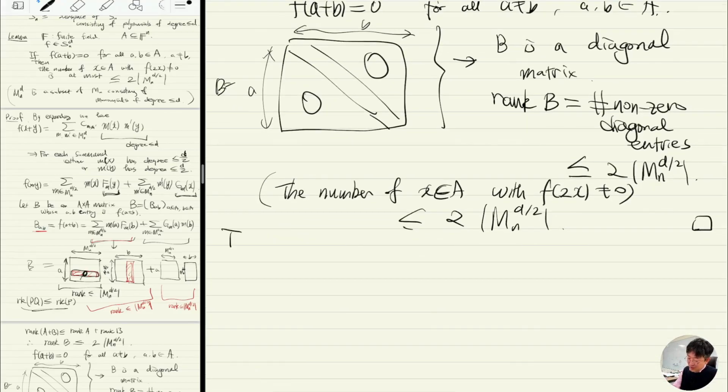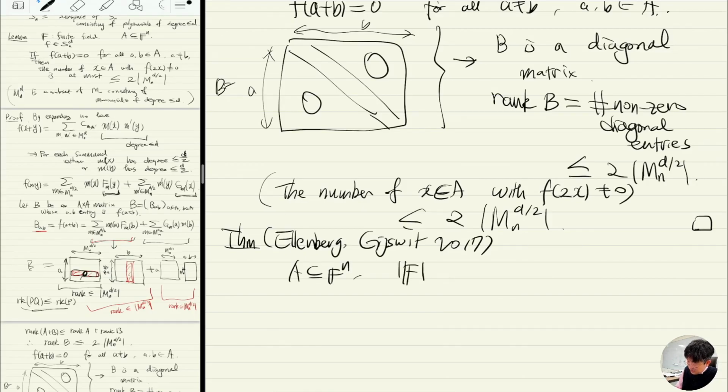All right, so how do we use that? So this is a proof by Ellenberg and Gijswijt in a 2017 paper. The manuscript was posted in 2016. So we have a set A, which is a subset of F to the n, where F is a finite field.